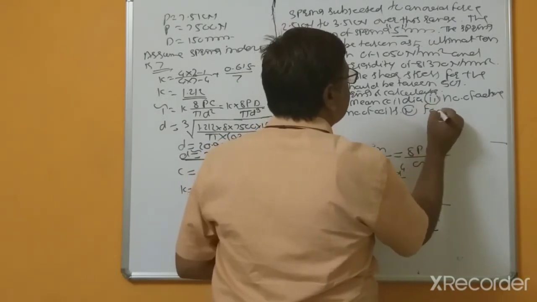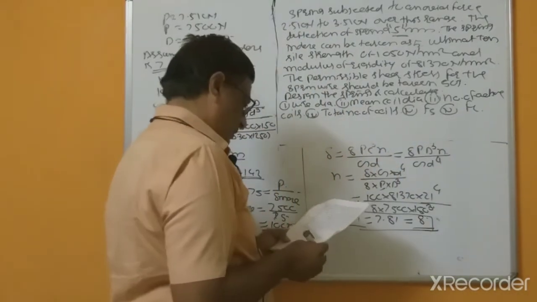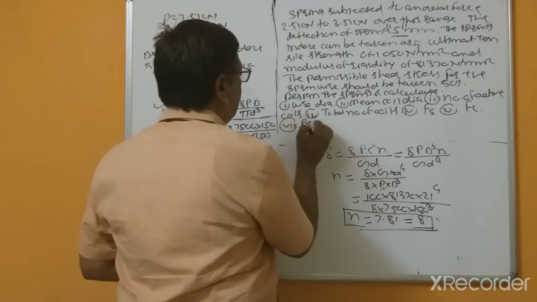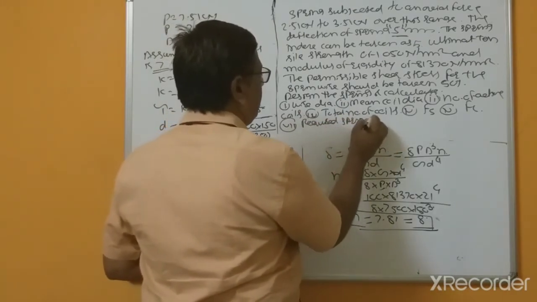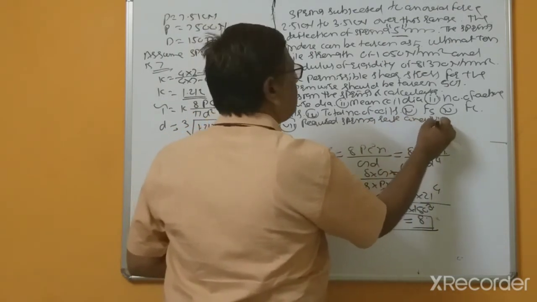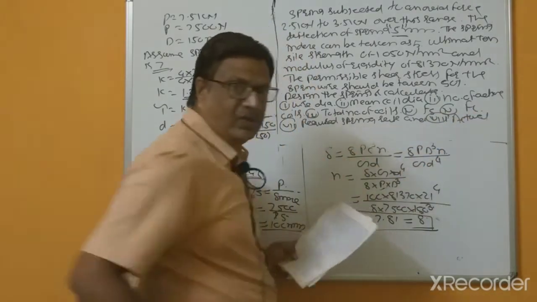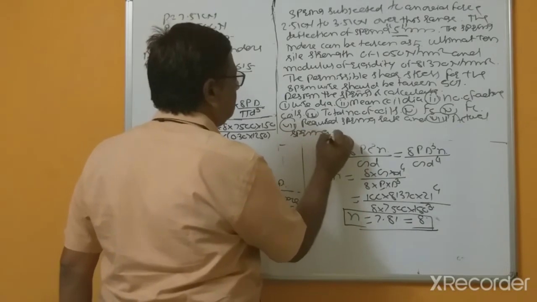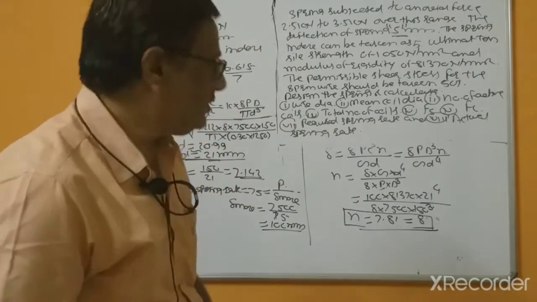Briefly I am writing solid length, this is free length, required spring rate, and last bit is the actual spring rate. This is ask.